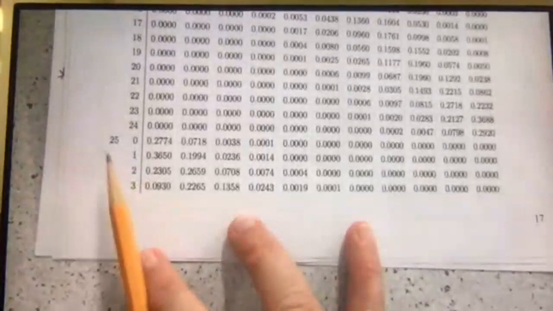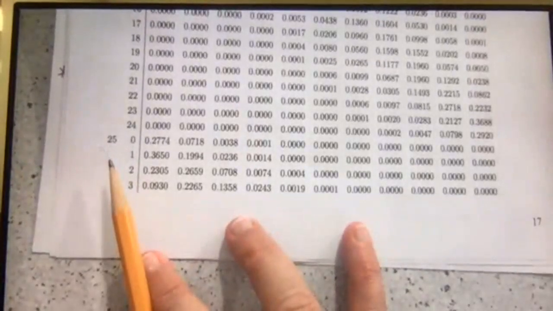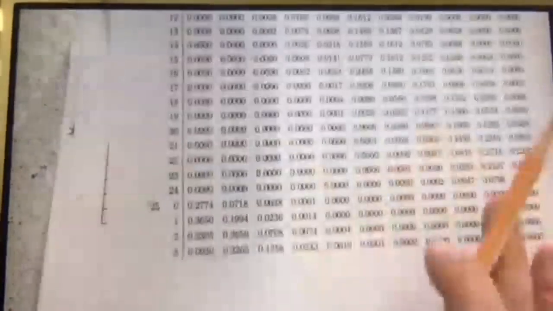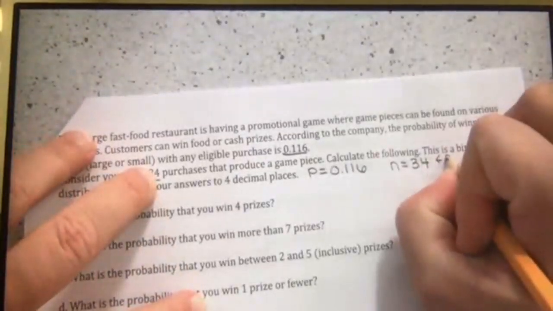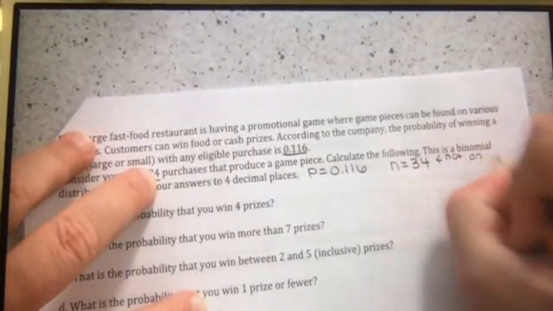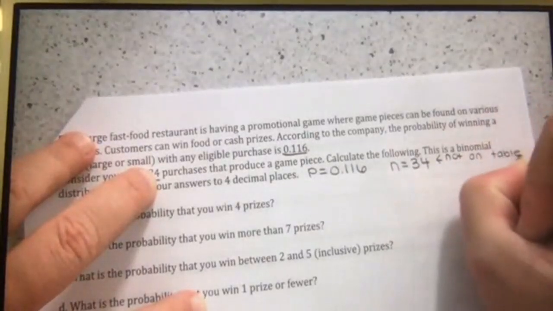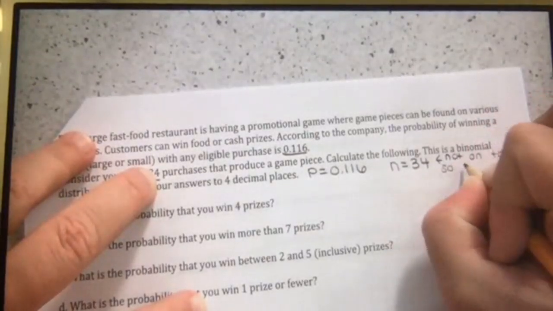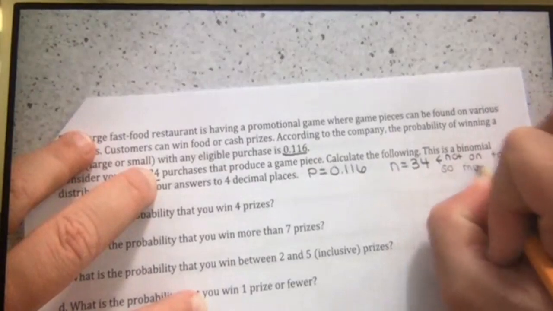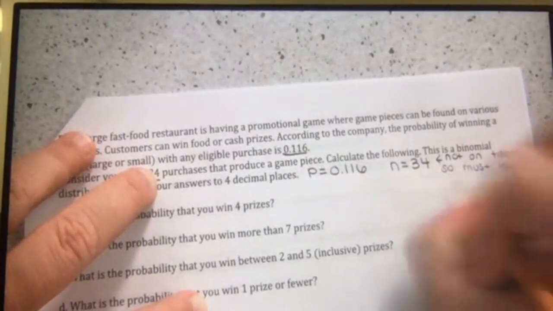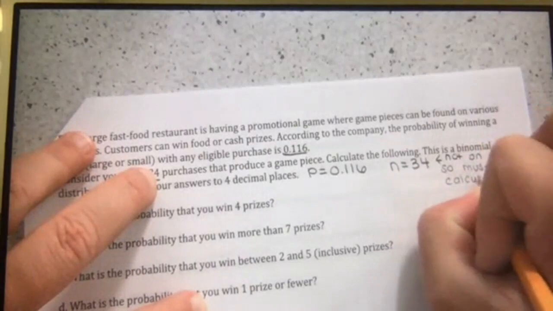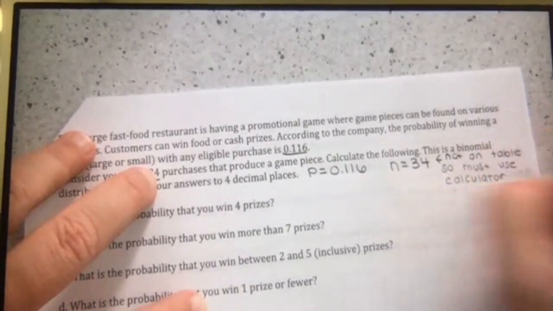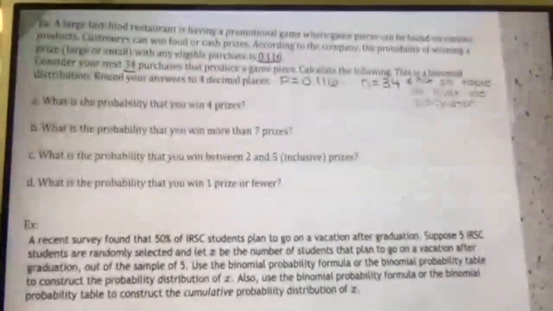Because it only goes to 25, that's not going to be on my table. So you have to use your calculator for this problem. So not on the table, must use your calculator. Your calculator can do all of them.